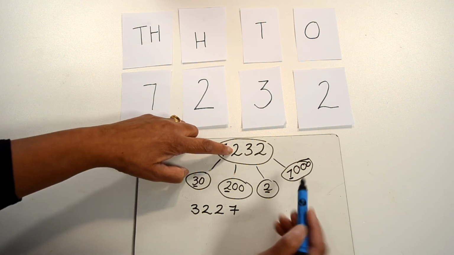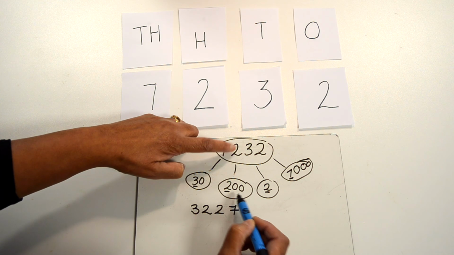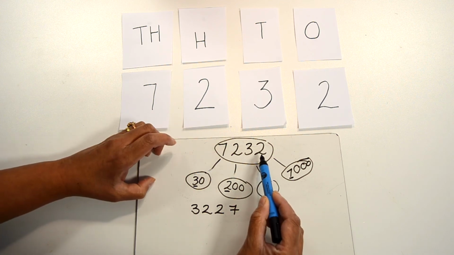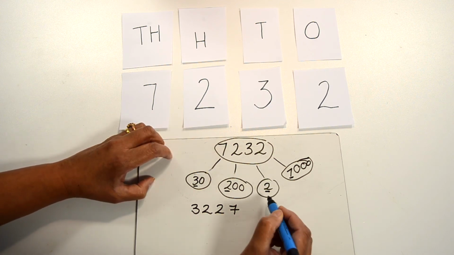The digit 2, which represents 200. The digit 3, that still represents 3 tens, 30. And the digit 2 represents 2 ones there.